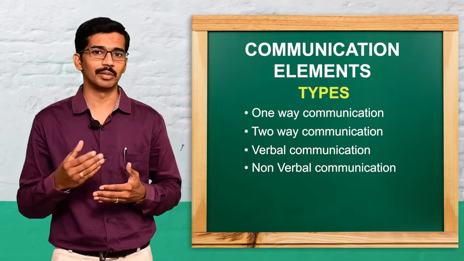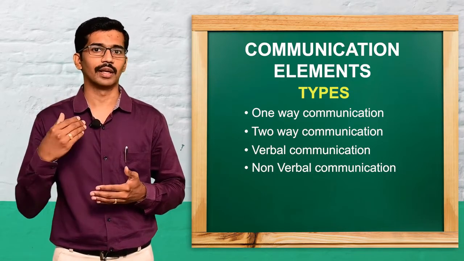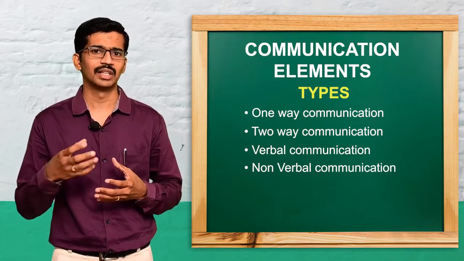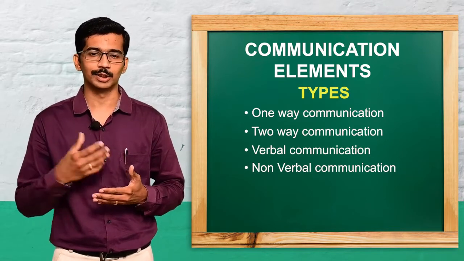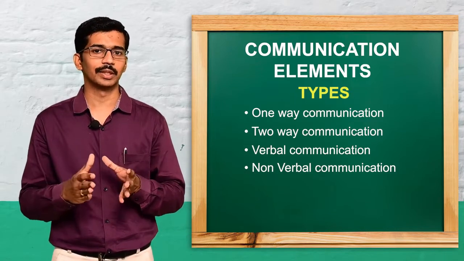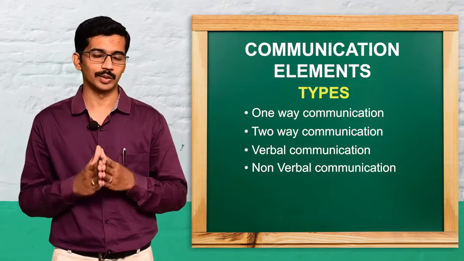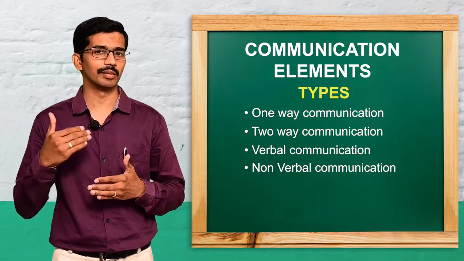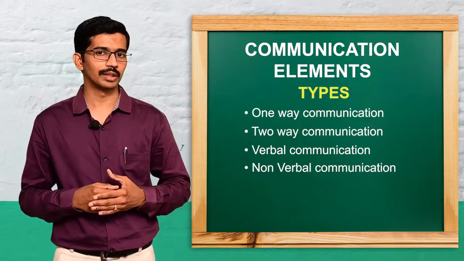It is communication through our eye contact, facial expression, or our actions, like gestures. Gestures mean the actions we show. So gestures, eye contact and facial expression are the ways we show messages, and that is non-verbal communication. Here we are not using any type of language. So the important types of communication are one-way, two-way, verbal and non-verbal communication.